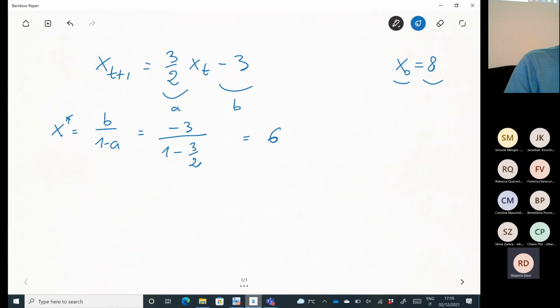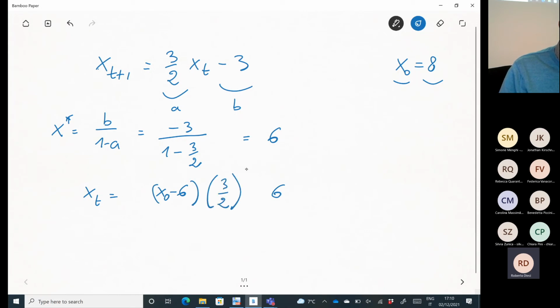Now, what is the solution formula? x_t is equal to the steady state, 6, plus the initial deviation from the steady state, x0 minus 6, multiplied by a factor which is A, 3/2, to the power of t.